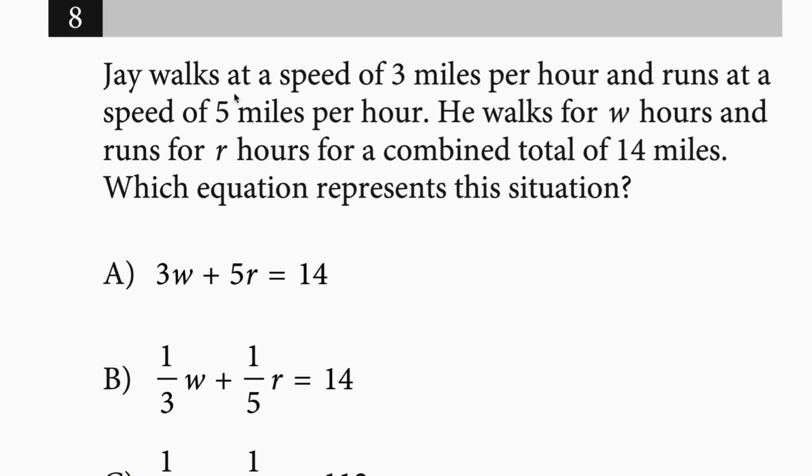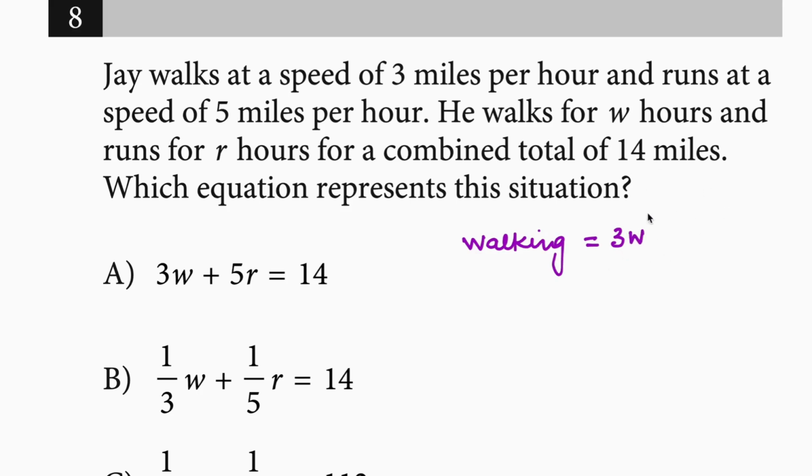J walks at a speed of 3 miles per hour. Okay, so 3 is walking speed. So walking is actually 3 miles per hour and he walks for W hours. So, okay, that is 3W.